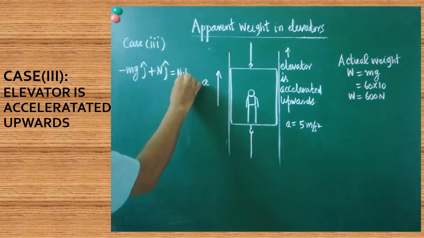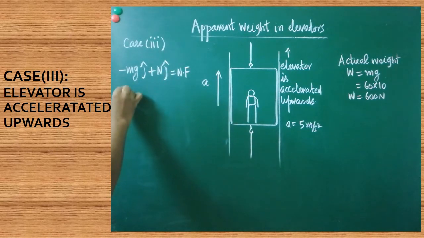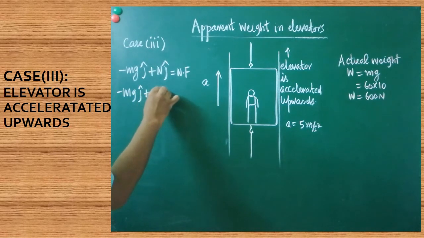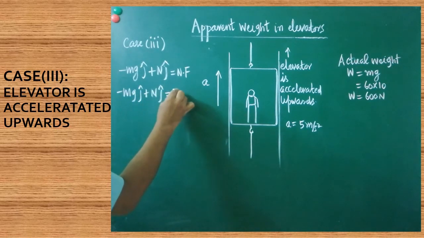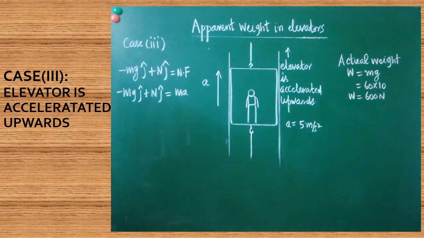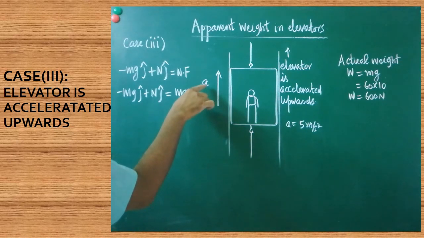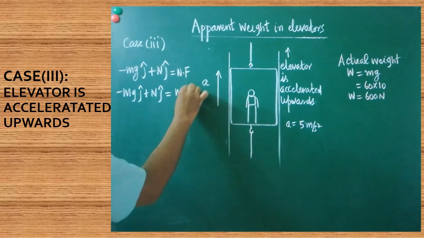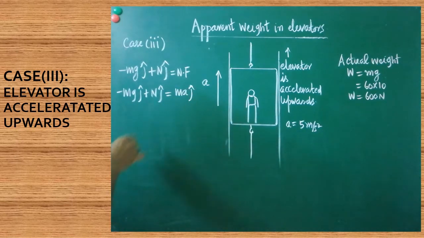Minus mg j cap plus n j cap, which is equal to m into a. To calculate the net force, we have to write m into a. Since it is accelerated in the upward direction, what should be written? Positive y, no? Therefore j cap must be written. So in that format we have to write.